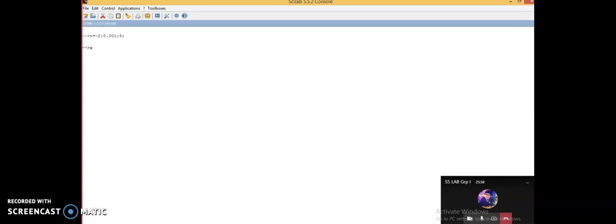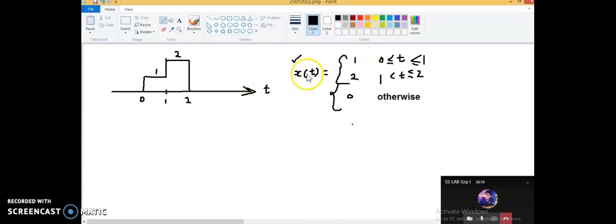Then xt is defined as 1 dot into a logical operator. The logical operator will be when t is between 0 to 1.